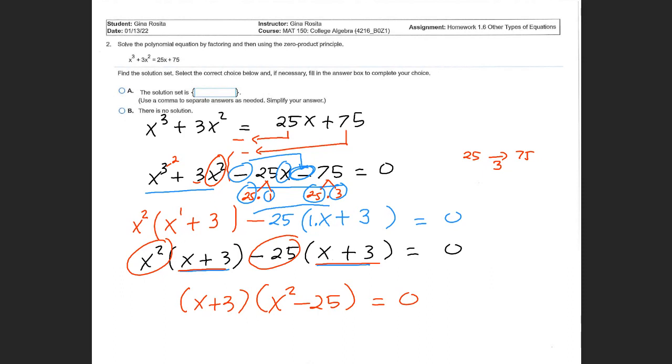Okay. Now, do the same thing like number 1. So x plus 3 equals 0, or x squared minus 25 equals 0. Okay, so now move the plus 3 to the right side, it becomes negative, so x equals negative 3.